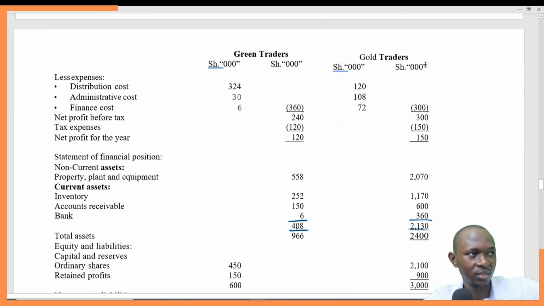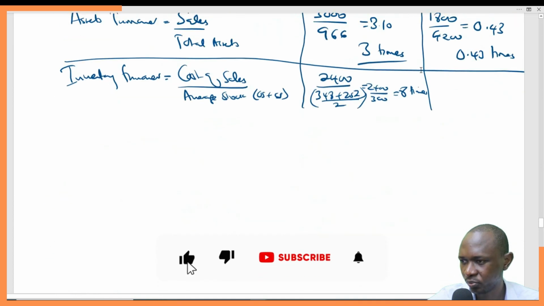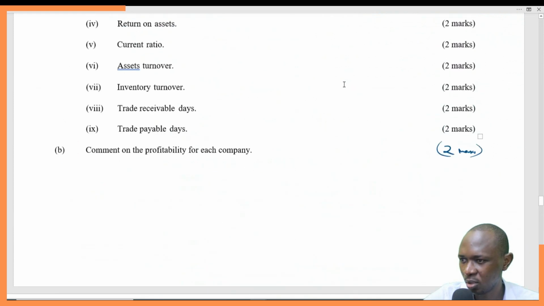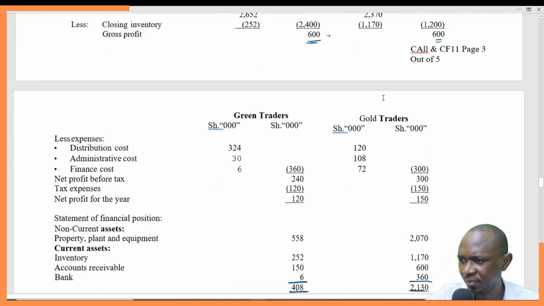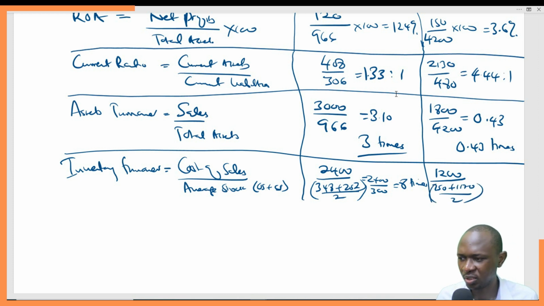So this will be 1,200 over 750 plus 1170 divided by 2, that is 960.